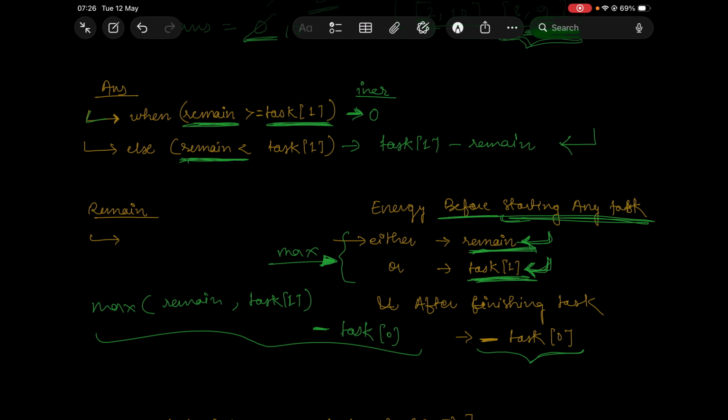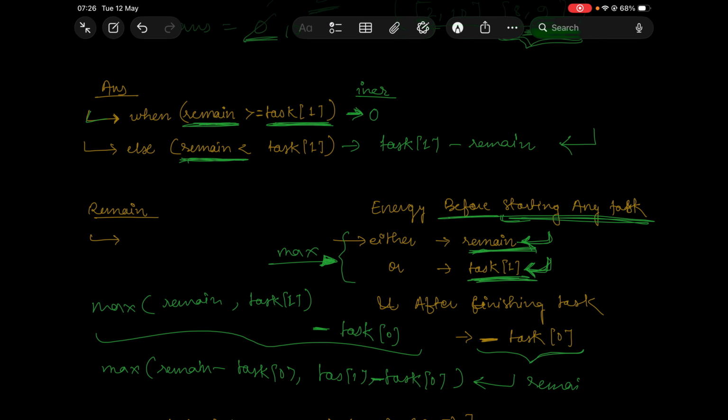When we do the algebra here, it will be max of remaining minus task[0], comma task[1] minus task[0]. So this is the value for remaining.